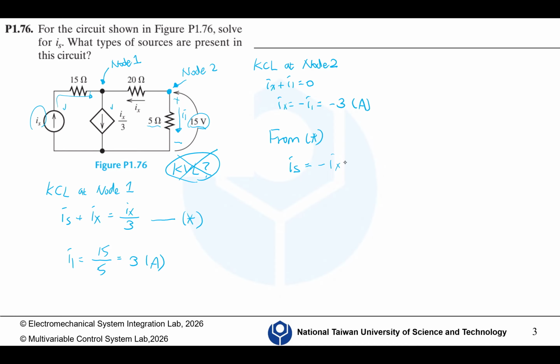Then we put Ix in: minus 2 over 3 times minus 3 is 2 ampere. So Is is 2 ampere. See, it's not very hard. These are simple problems.